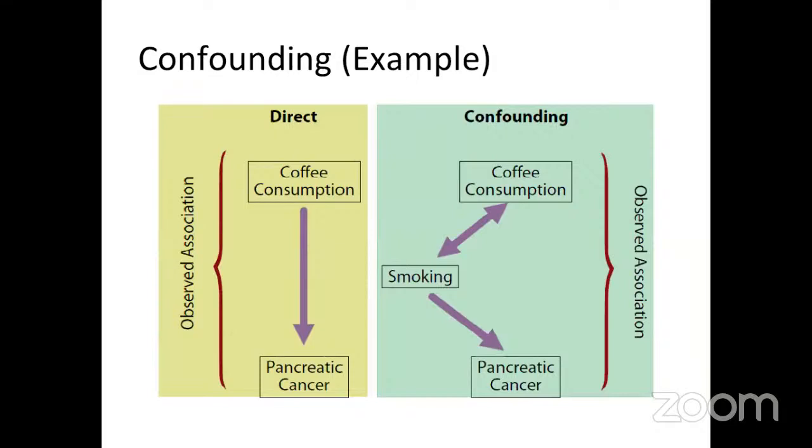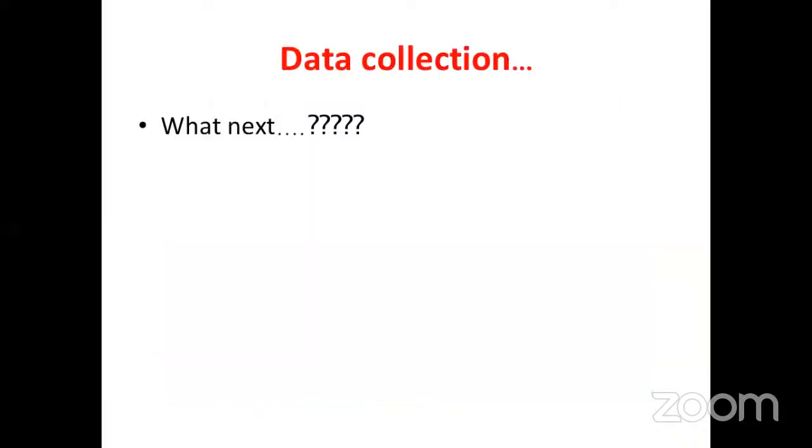So many patients will have smoking as an additional confounding factor, but you have included them in the study. Smoking can influence both coffee consumption as well as pancreatic cancer. If you don't take this into account, it can distort your results.